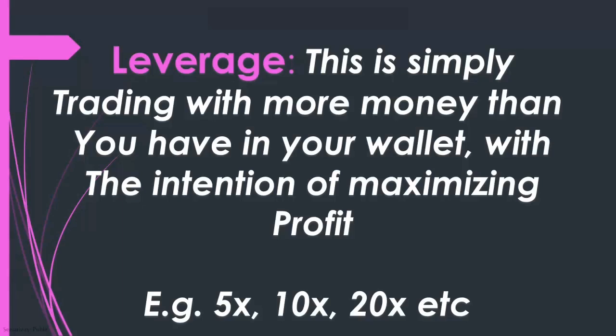Instead of trading with $100, you're actually trading with $500. And you know that the higher the amount you are using to trade, the higher the profits. Now let's assume you are trading with $500 and you make a profit of 5%. You have already made $25.